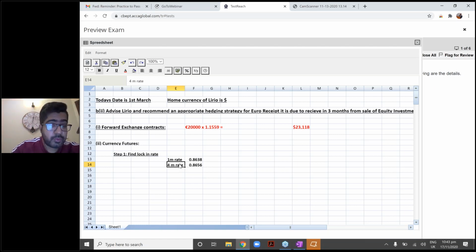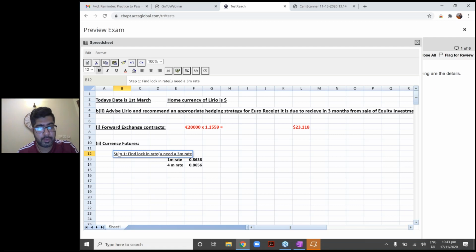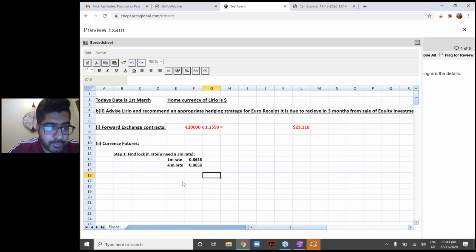Okay. You are receiving in 3 months, so you need a 3-month rate, which is not given. You are given a rate for 1 month, you are given a rate for 4 months, you need a rate for 3 months, so you will apply the lock-in rate strategy. So the 1-month rate is 0.8638 and the 4-month rate is 0.8656.